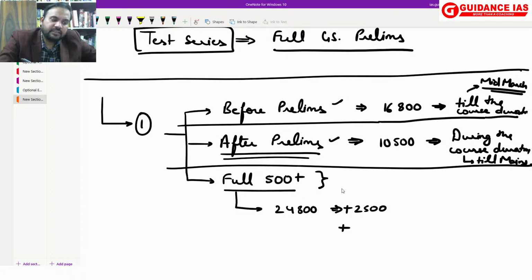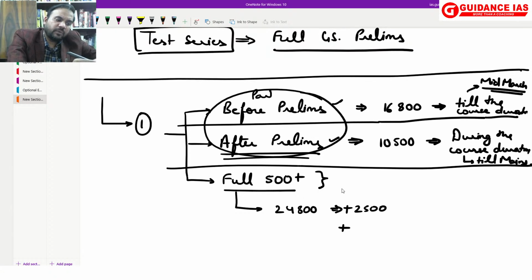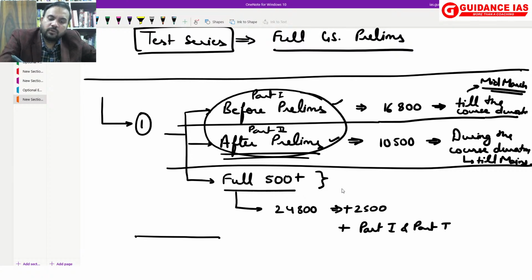Second advantage is because you are getting both part 1 and part 2. We are also calling it part 1, and this is also referred to as part 2. You are getting both part 1 and part 2 starting from today till the last, that is till the mains. Another advantage is part 1 and part 2 would be available till mains on the portal.